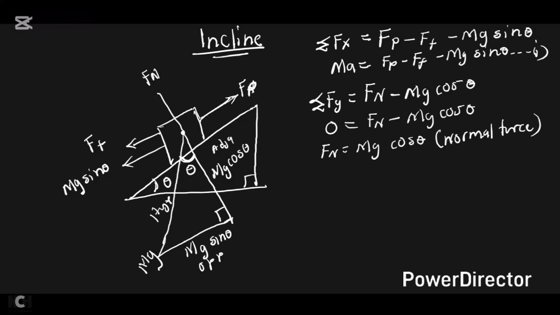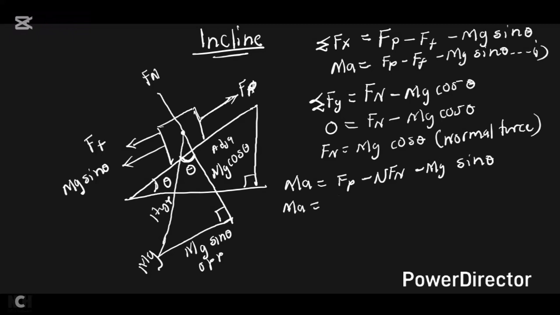Let's get that equation for the x-axis. So we say ma is equal to F, which is the pull force, minus the friction force. If this is the friction force, here is supposed to be mu times the normal force, minus mg sine theta, like that.